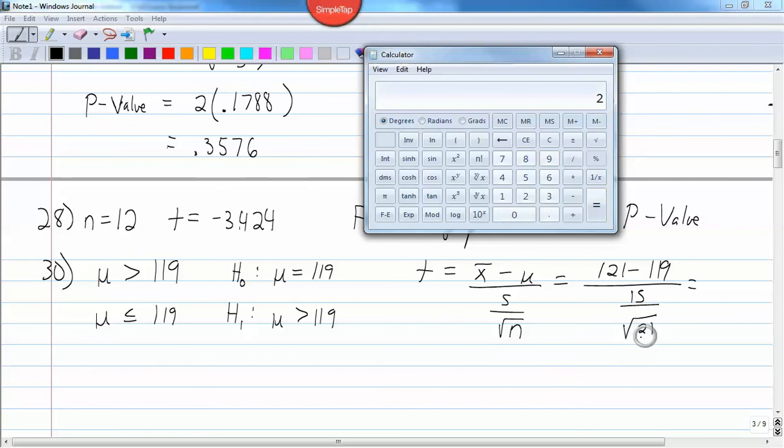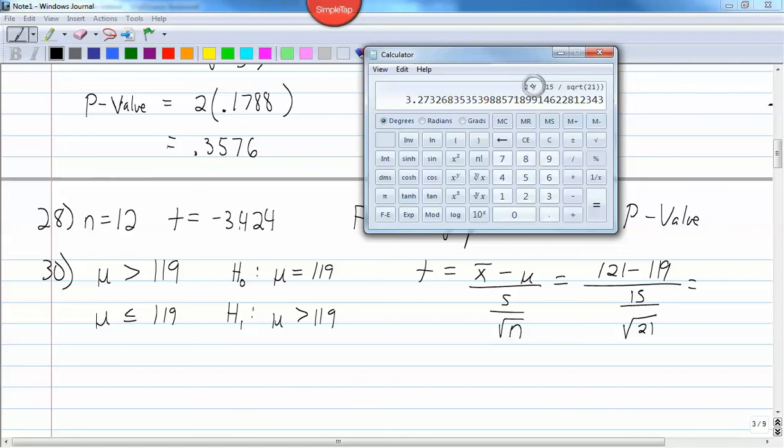All right, and then I need to divide it by this right here. So I know I can put it in my calculator if I'm careful enough. Let's see if I can do it. 2 divided by, now I'm going to put parentheses, 15 divided by, and then the square root of 21 in parentheses.